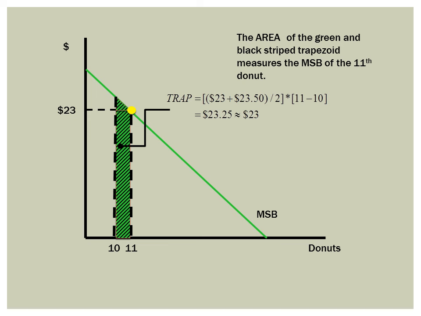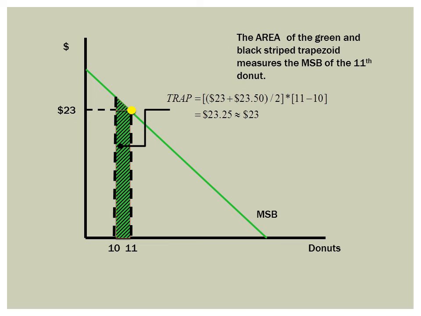And so I've given those two lengths of the trapezoid sides as $23 and $23.50. And we're measuring all of our units for benefits in terms of dollars, as is typical in most applications that you see. And so the average of those two bases is $23 and $23.50 added together and divided by 2. The average of those bases would be $23.25.